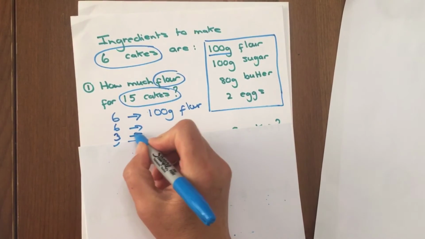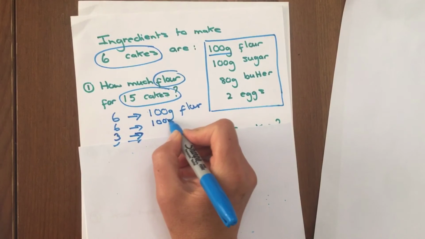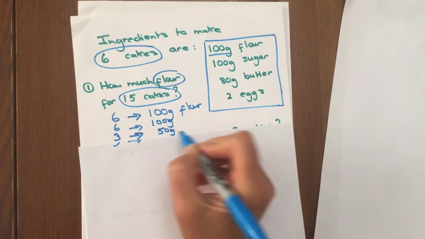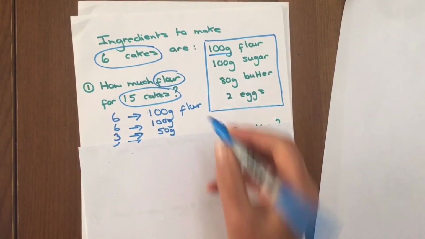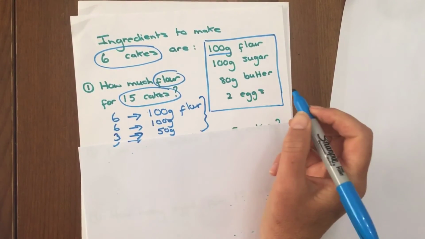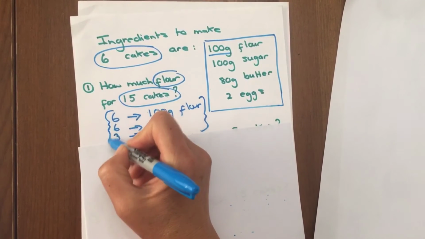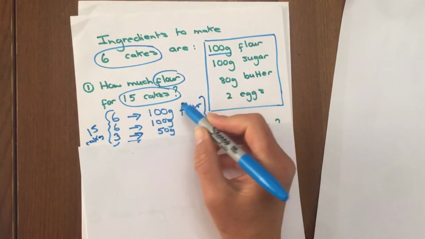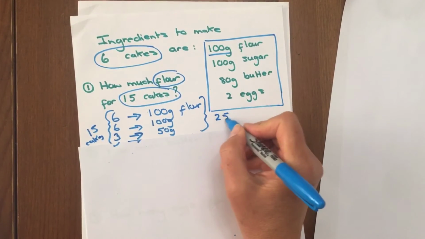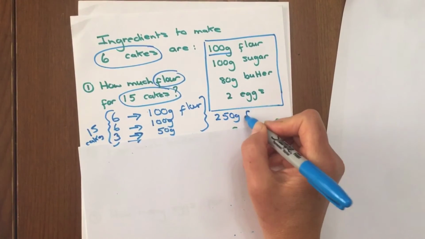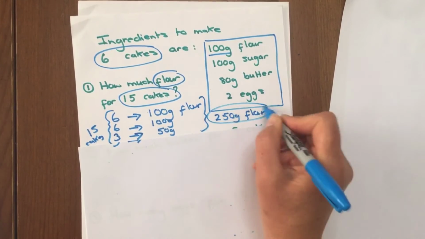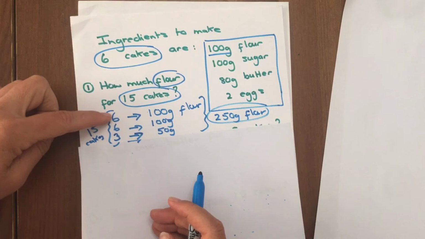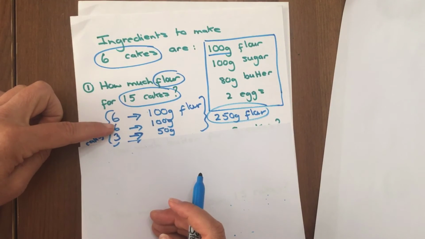So I could do another 100 grams, and then half to get 3 cakes would be 50 grams. So altogether, if I add all these up, I will have enough, because 6, 6 and 3 is enough for 15 cakes. So if I add these up, I will have 250 grams of flour. So I'm looking at how to get to 15 starting from 6. So 6, add 3.